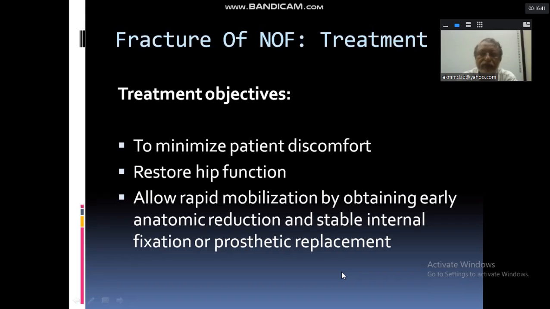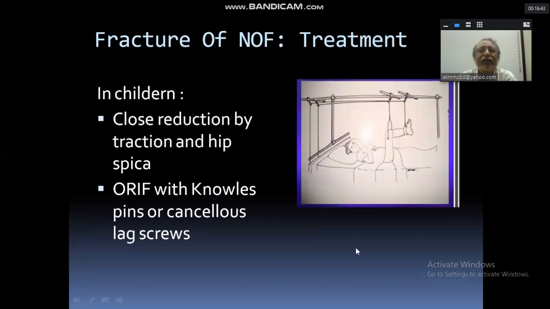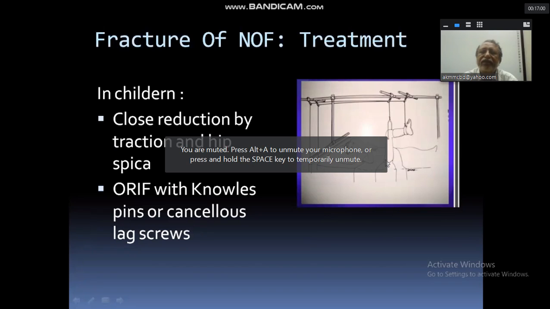Okay. So to fulfill the objectives in children, where the fractures are uncommon, you can consider closed reduction by traction and hip spica. This is the system of traction. We call it 90-90 traction. So the hip joint is at 90 degrees and the knee joint is at 90 degrees.